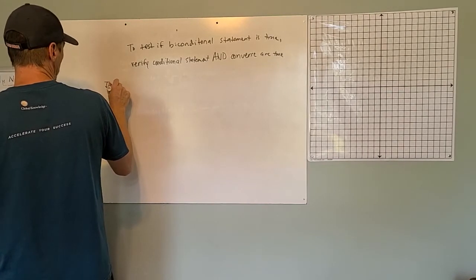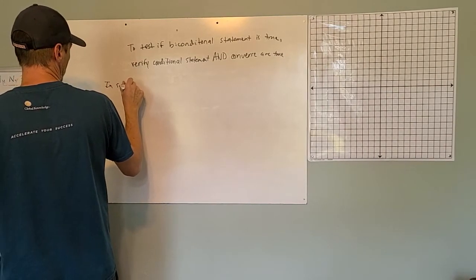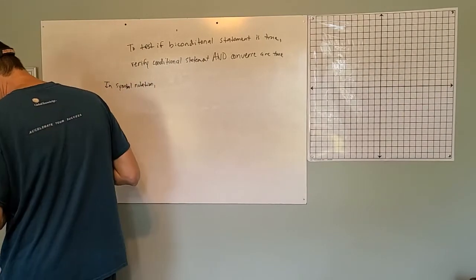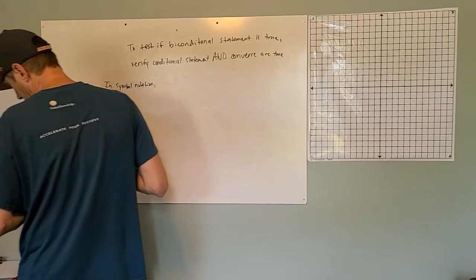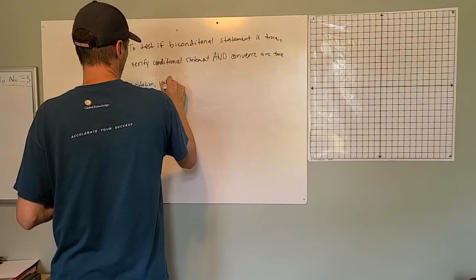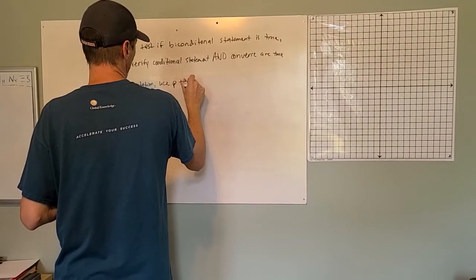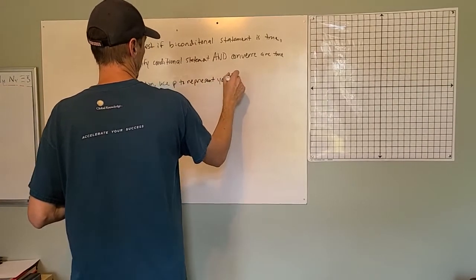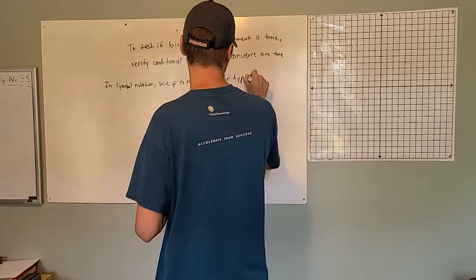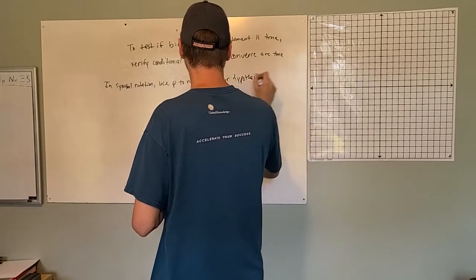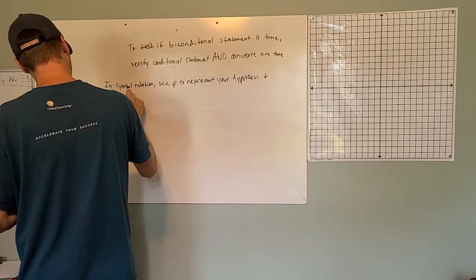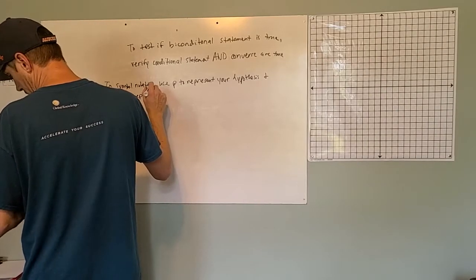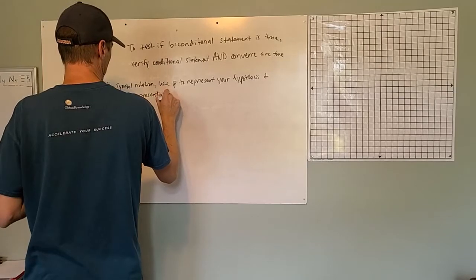In symbol notation, use P to represent your hypothesis, and Q to represent your conclusion.